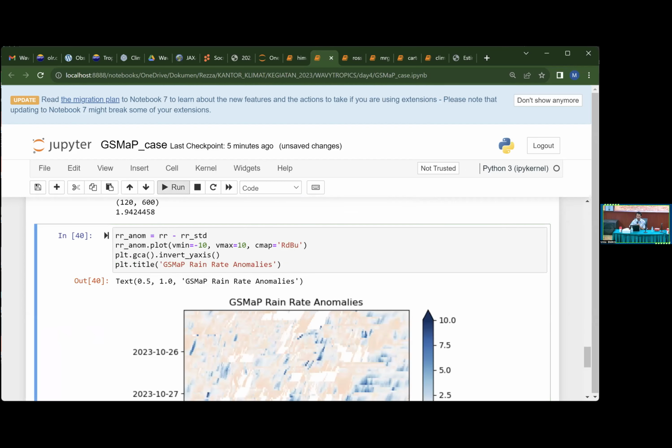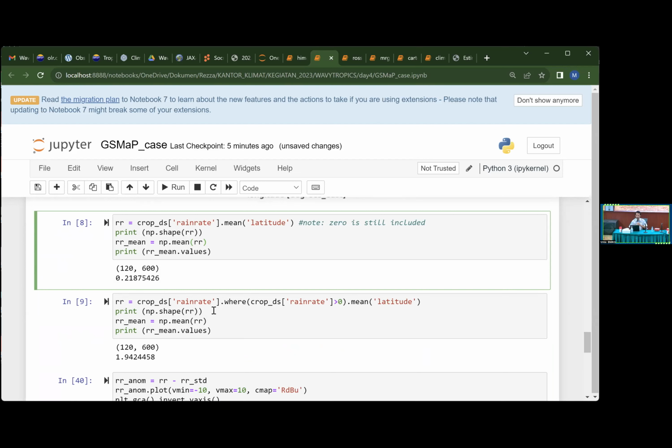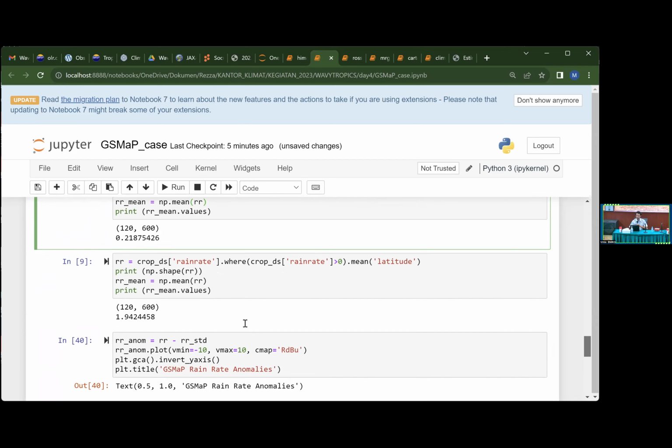You can see the difference, right? The mean is very low at first because we included the zero values, and when we exclude the zero values, the mean is about 1.9 millimeter per hour. So now maybe it's okay.